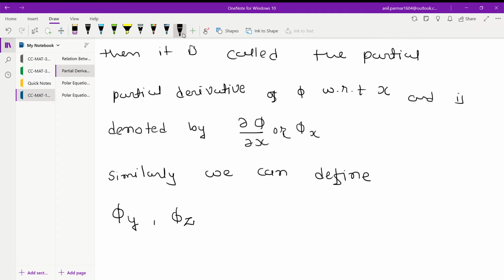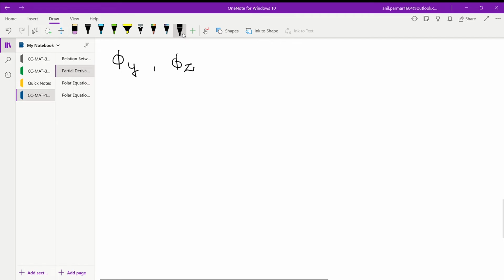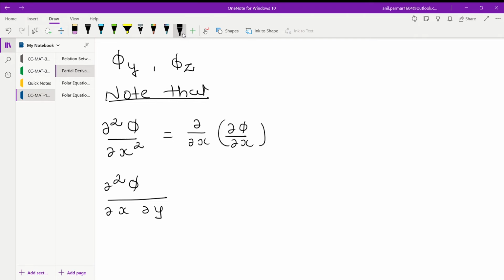Now, note that higher order માટેની શું વાત કરીએ તો, higher order ઉપર વાત કરીએ તો suppose del 2 phi by del x2 આવું define કરવું છે તો આ હકીકતમાં છે શું del upon del x del phi upon del x. આવી રીતે પછી આ જ મેનર્સમાં del 2 phi upon del x del y આ ડિફાઇન કરવું હોય તો nothing but del upon del x અને del phi upon del y.